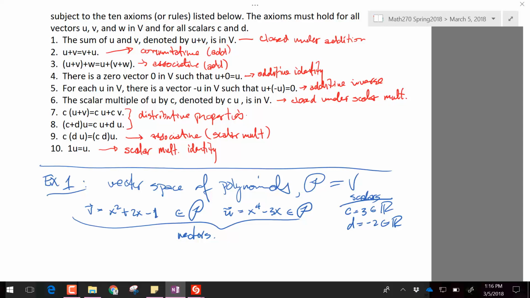There's a 0 vector. 0 is a polynomial. And we can take the negatives of these polynomials, and that's the additive inverse, so that you can get 0.